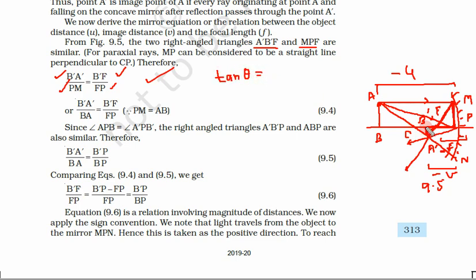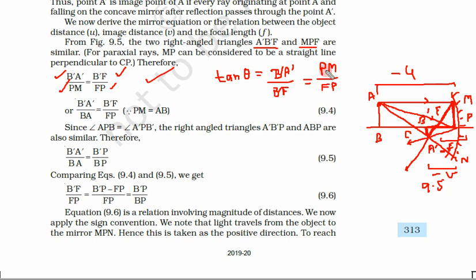Tan theta is equal to the perpendicular B dash A dash divided by the base, which is B dash F. This must be equal to tan theta in this triangle, where the perpendicular is PM and the base is FP.